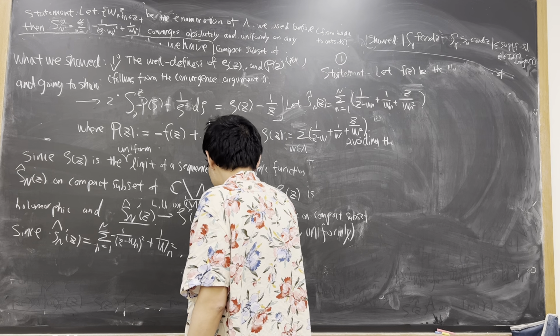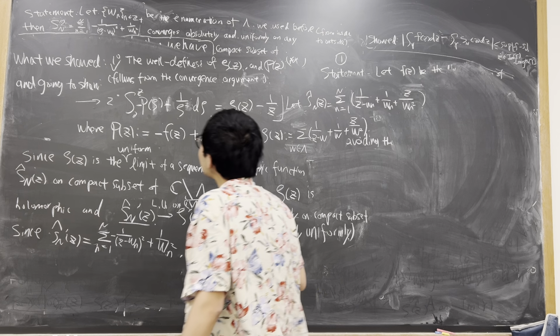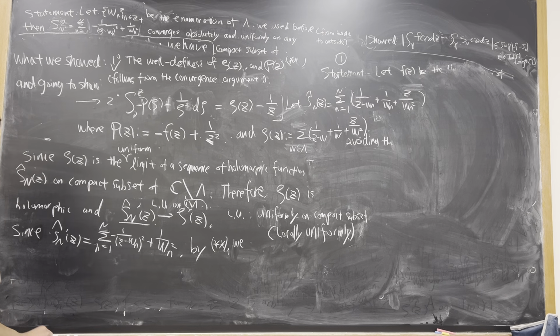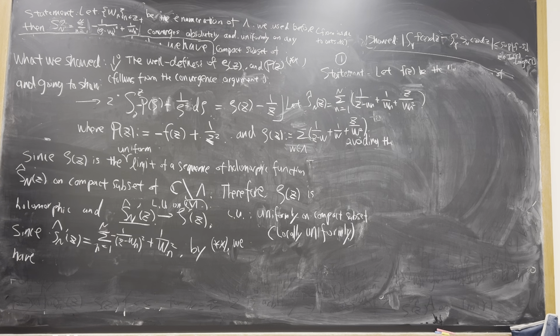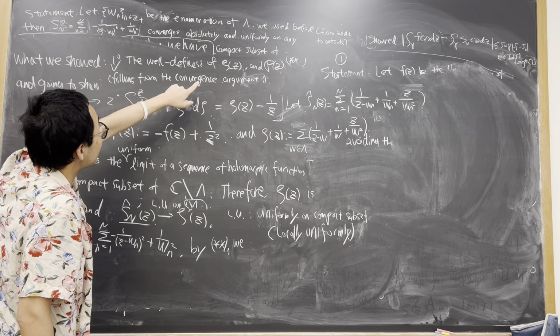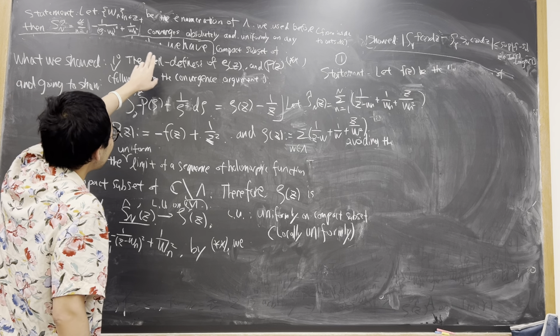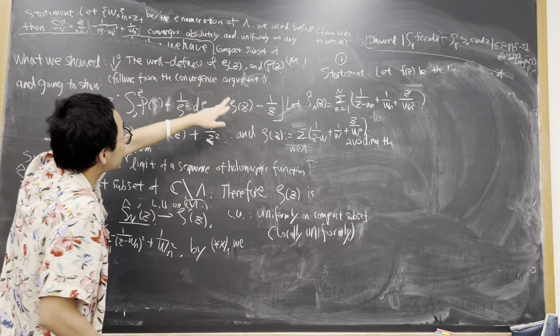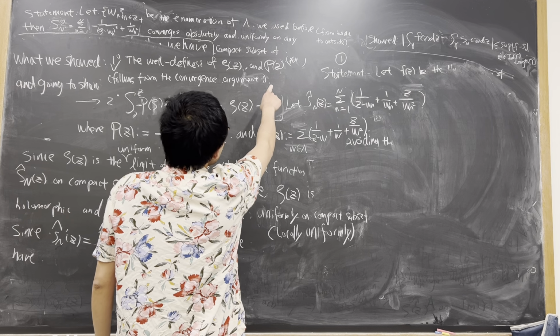So therefore by this double star, since this S_n prime z by this argument converges absolutely and locally uniformly on any compact subset of, so this should be C minus wedge, right?